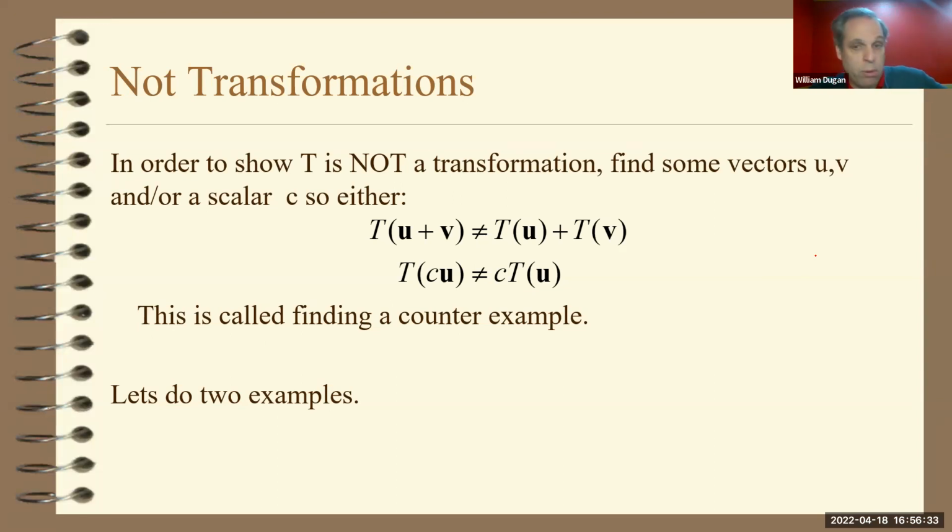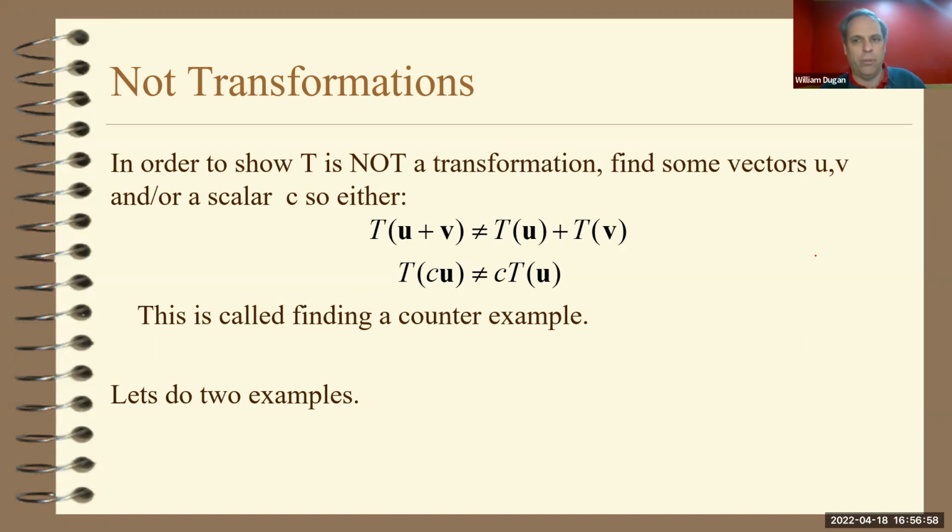Either show the transform of U plus V is not the transform of U plus the transform of V, or get some scalar and a vector so the transform applied to a scalar times U is just not equal to the scalar times the transform of U. Finding these things is called a counterexample. You just have to state U is this particular thing, V is this particular thing, and if you need it, the scalar is this particular thing.